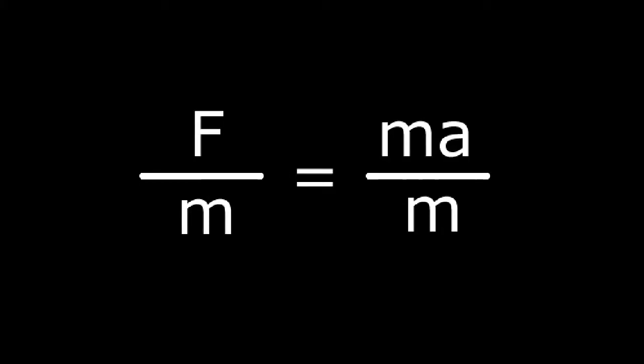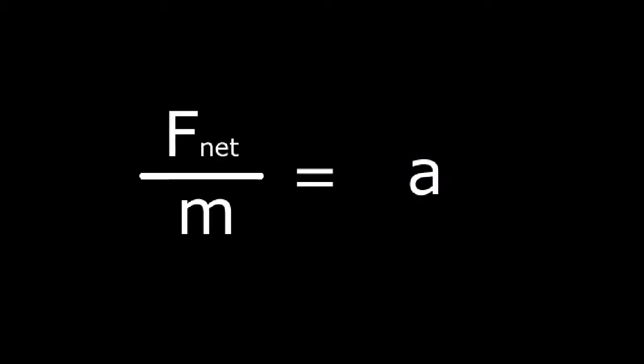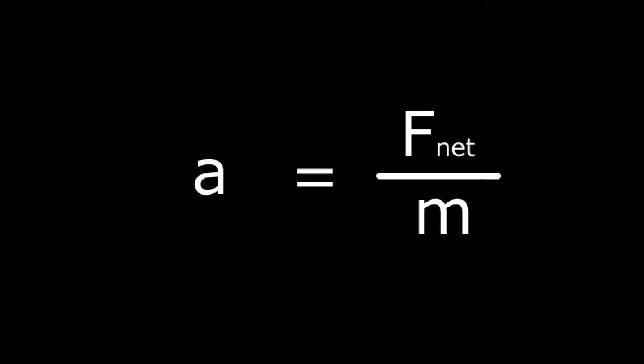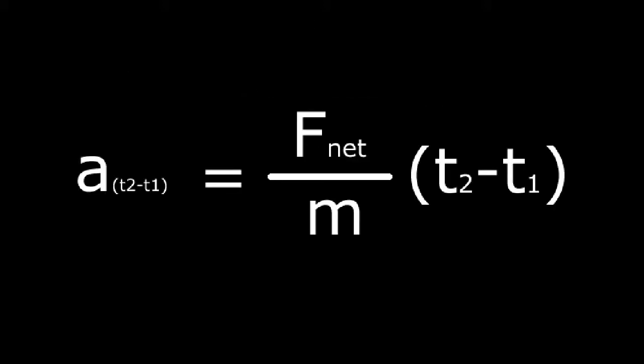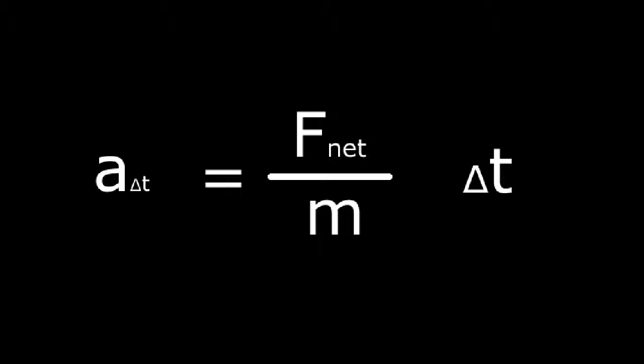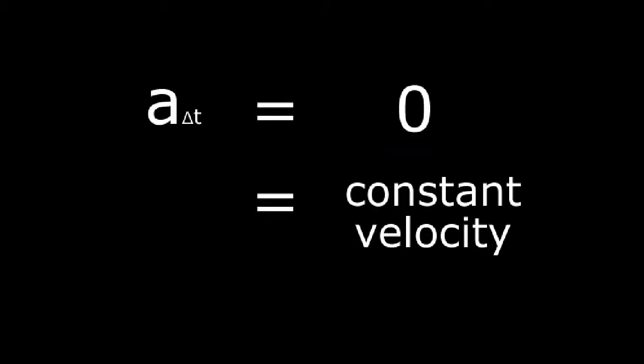Newton's second law is famously known in the form F equals ma. However, we need to manipulate this to find the form for motion prediction. In our experiment, we are making the assumption that any external forces are balanced and therefore the net force is zero, resulting in constant velocity.